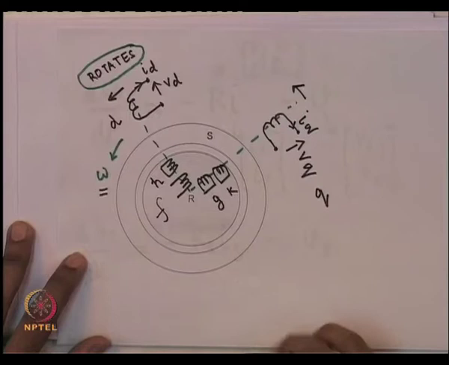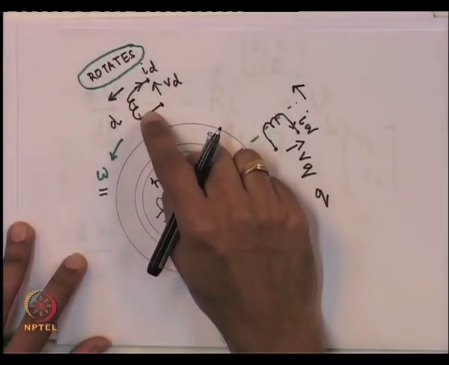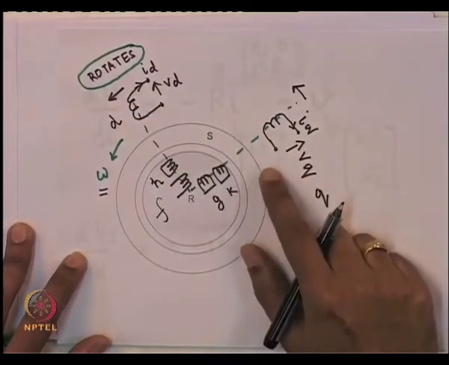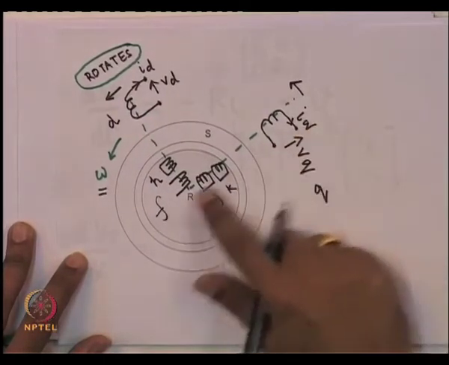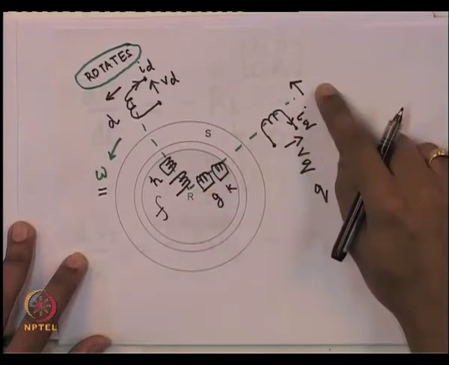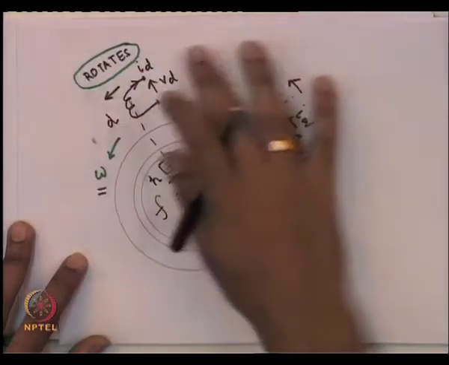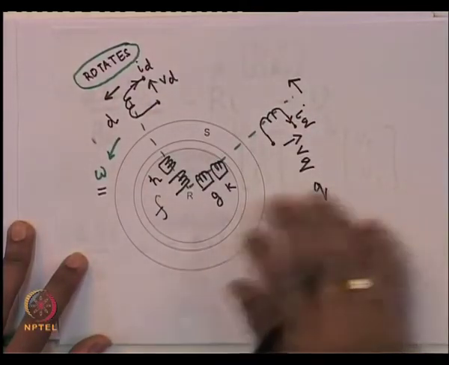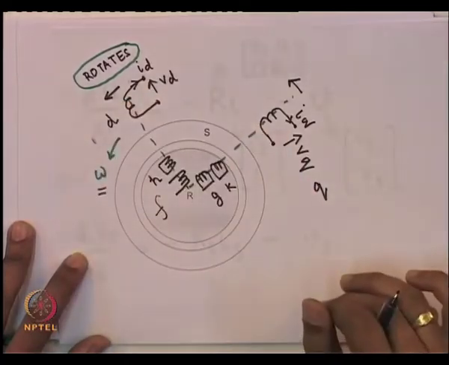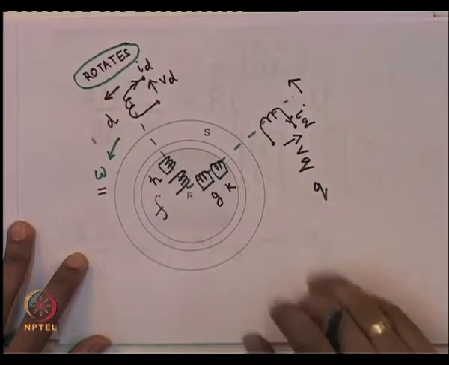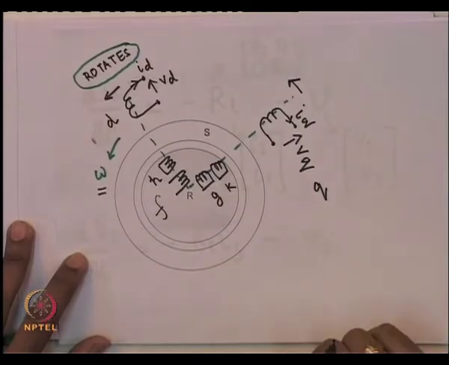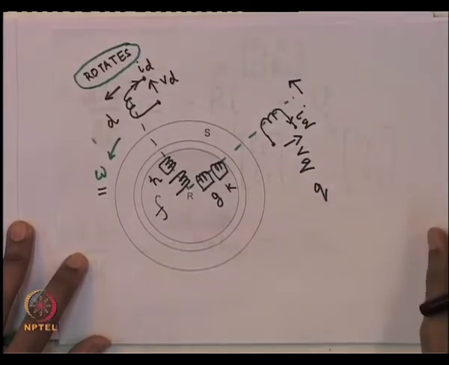This is tempting, but as we shall see soon, when we write down Faraday's equation, the EMFs induced in this axis will be dependent on the fluxes caused in the other axis. So, we should remember that although this gives a nice picture of the decoupling of the fluxes and the currents in the D and Q axis, the EMF equations of course have a coupling. So, what do I mean by that?